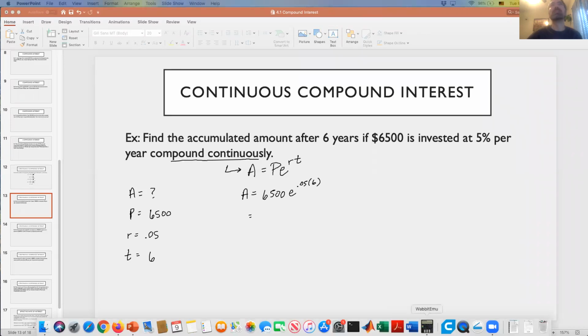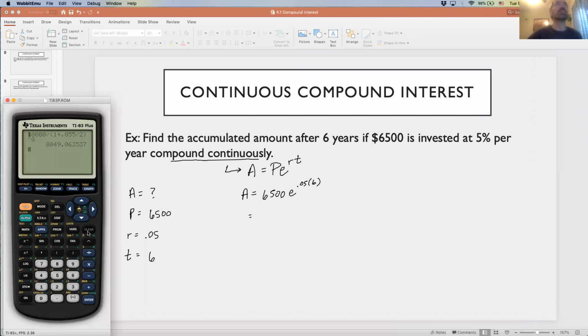All right, so now type all that into the calculator. We don't even need to do any intermediate calculations. So we've got 6,500 times, let's find our E button. Do you see it? We said there's the log, there's the ln, and the natural log and Euler's number E are inverses. So this E is the second function of the natural log key.